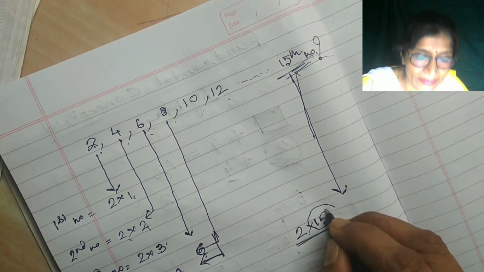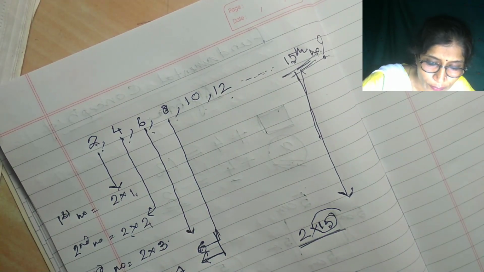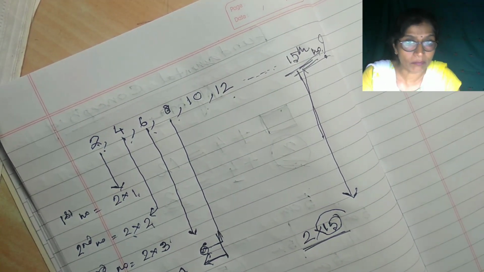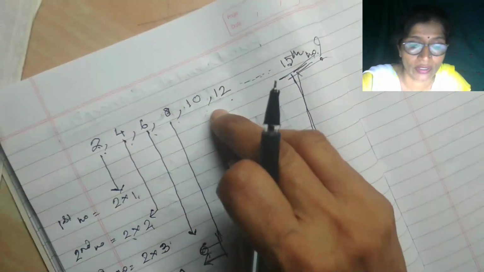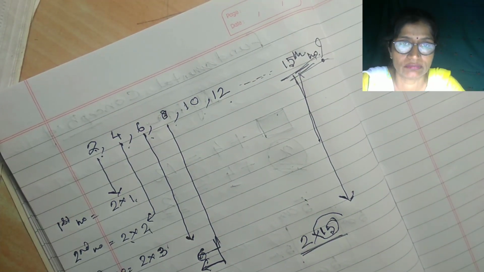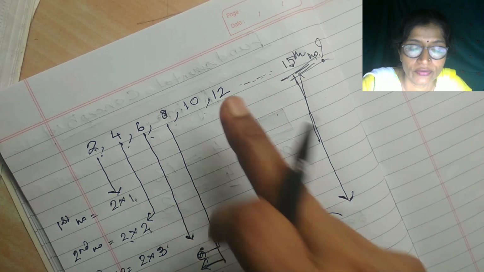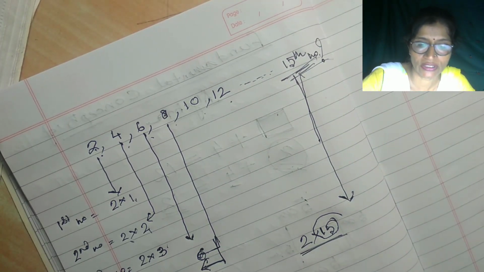So here the pattern is what? The pattern is 2x, where x is the number which I am talking about. Whether I am talking about the fifth number or sixth number, seventh, then I will get the value of that particular number. 2x. Suppose I am not asking about 15.